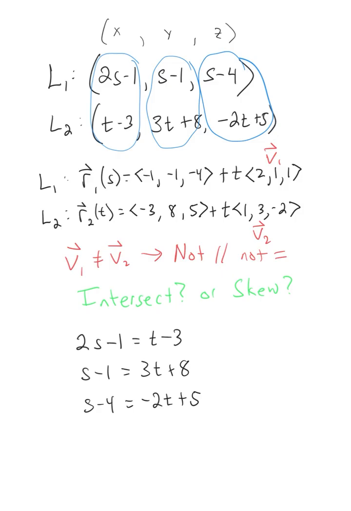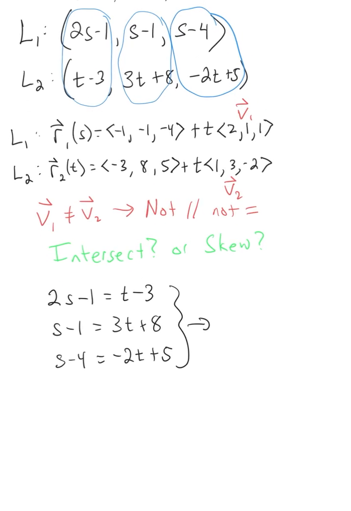All right, and not the easiest form to see. It'd be kind of nice if the s's and t's were on the one side together and then the constant terms on the other side. So I'm not going to eliminate or anything quite yet. I'm just going to rearrange. So I'm going to take the t over to that side and then get the -1 over to the other side.